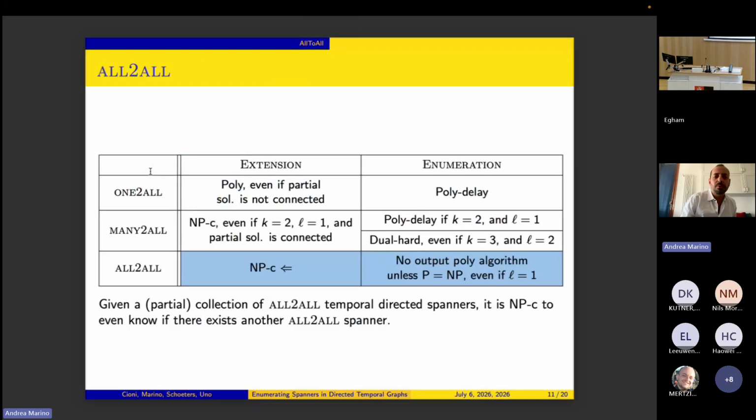Then let me go to the last one, that is all to all. All to all is where you want that everybody reaches everybody. In this case, I'm going to show the hardness of enumeration. That means that, unless P equals NP, I cannot hope for an output-polynomial algorithm, even with temporality equal to 1.